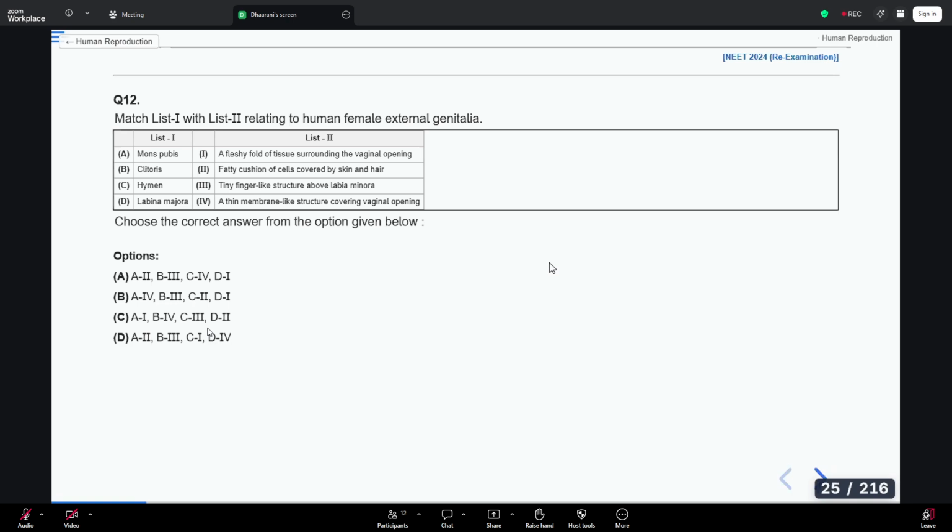Good. Next question. Match list 1 with list 2. It is about human female external genitalia: mons pubis, clitoris, hymen, labia majora. On the other side: fleshy fold of tissue surrounding the vaginal opening, fatty cushion of cells covered by skin and hair, tiny finger-like structure above labia minora, a thin membrane-like structure covering the vaginal opening.